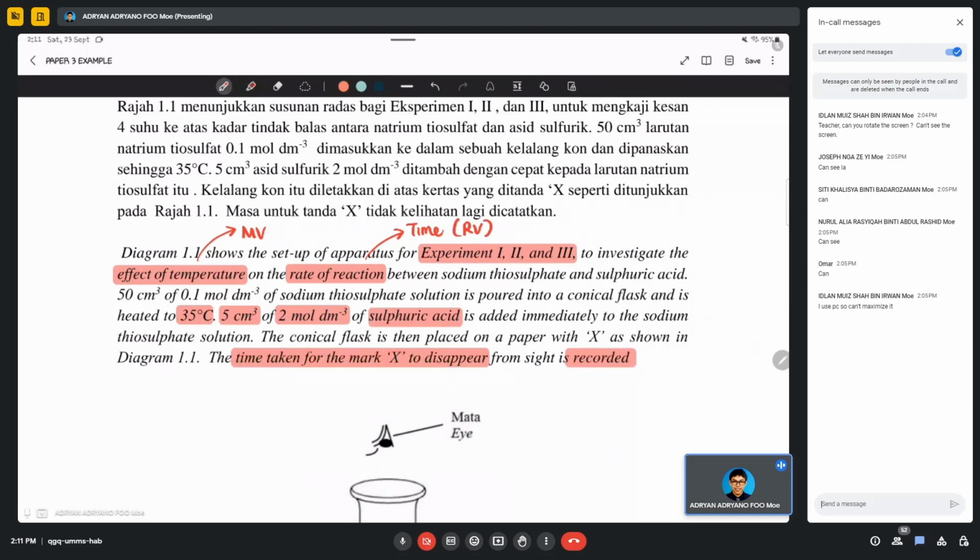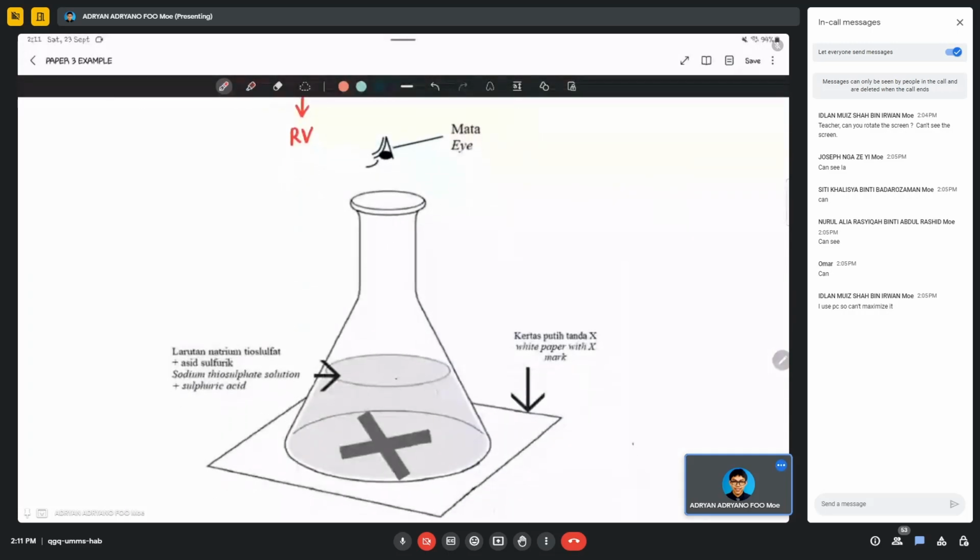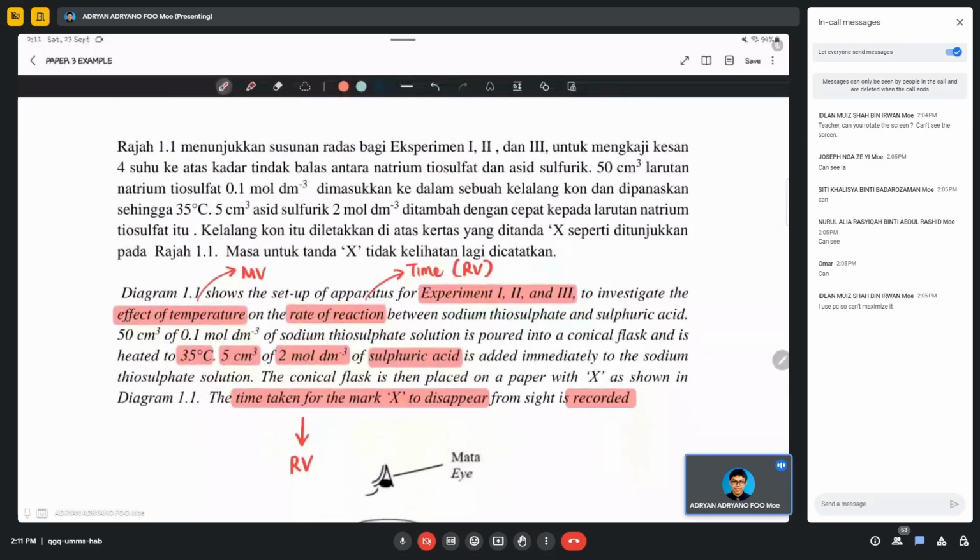So you can see that this one is obviously our responding variable: time taken for mark X to disappear. This is what we need to observe. First, what I change is the temperature of the solution. Second, what I calculate or observe is the time used so that the X disappears. Okay? So from the question we already know this.